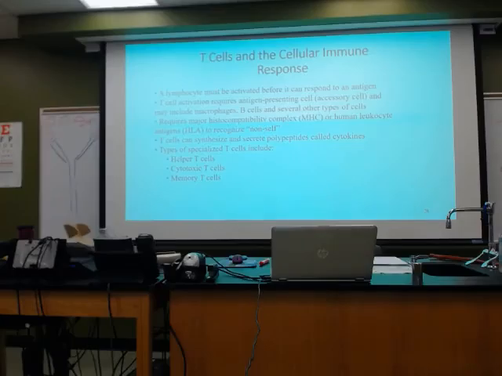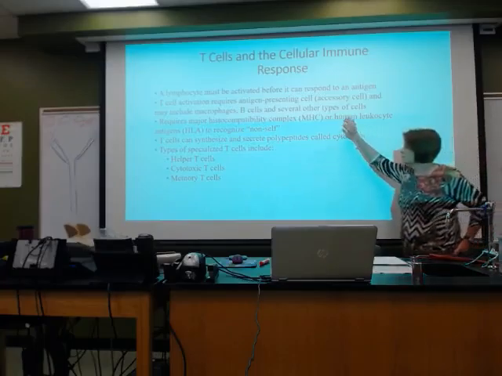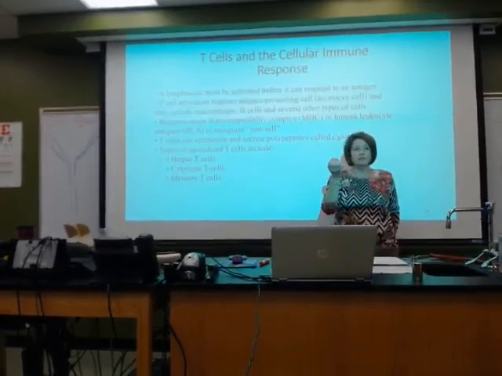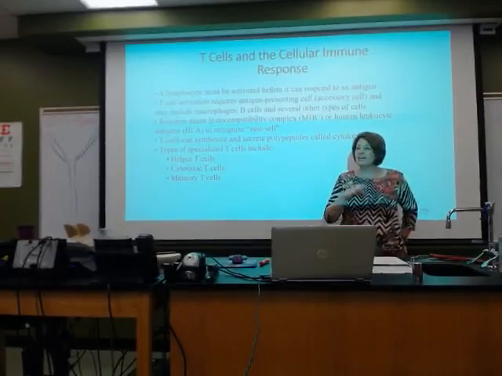Okay? So we have T helper cells, T cytotoxic cells. T cells are kind of very interesting, to say the least. Okay? B cells, if we think about the B cells, they're going to be in the plasma, B cells and that antibody and so forth, but don't worry, we're going to get to that.